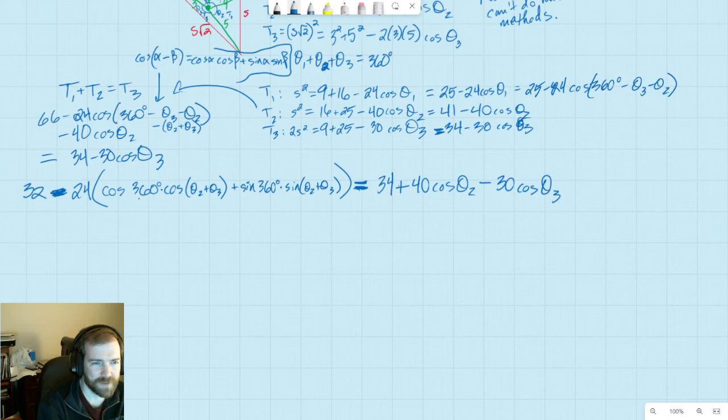Alright, cosine of 360 is just going to be 1. Sine of 360, on the other hand, is 0, which is then going to take out this thing as well. Okay, maybe my fears are unfounded.